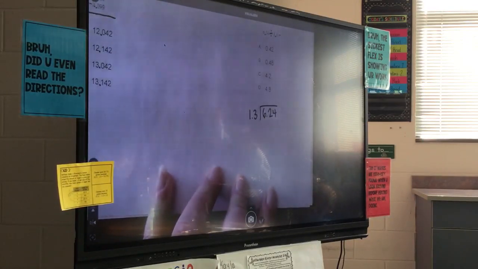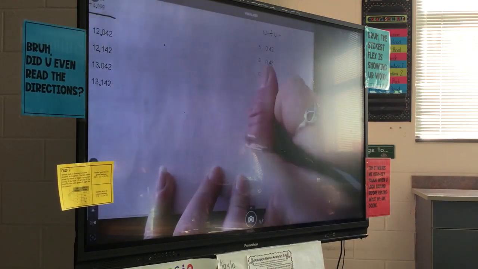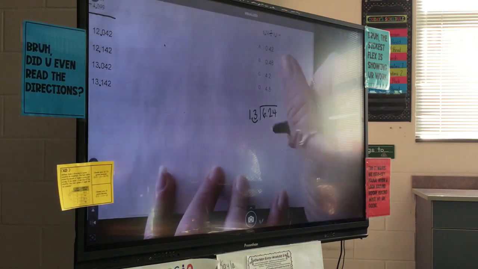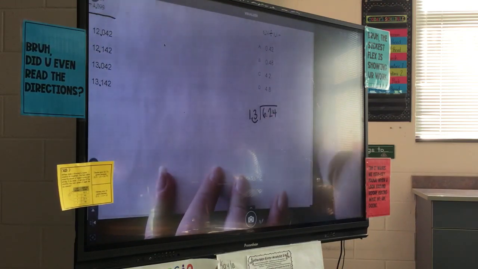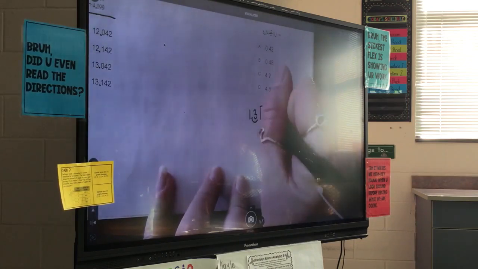Angel L. Move it to make it a whole number. Right, so if I had to move it 3 times, I'd move it 3 times, to make it a whole number. So Angel, if I move this on the outside 1 time, what do I do to the inside?